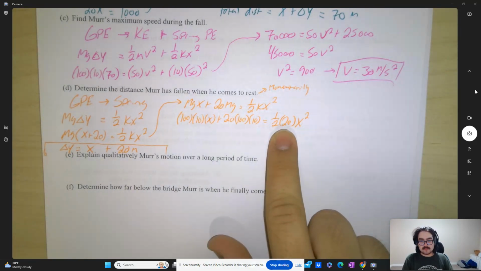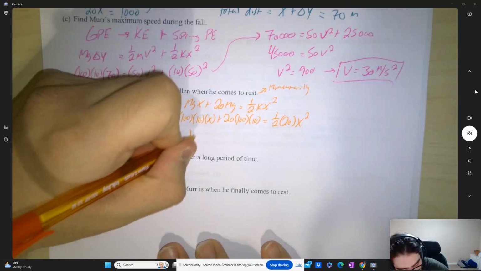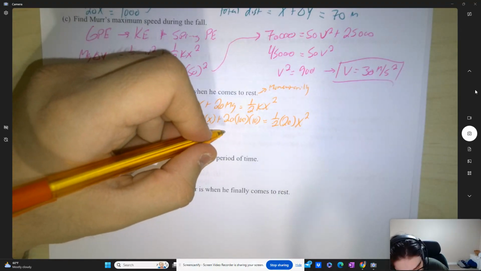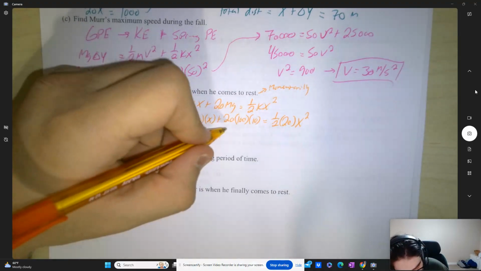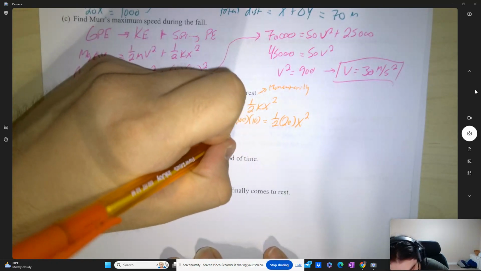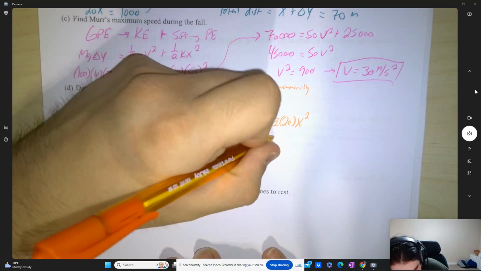This is going to simplify to 10, so this should be 1,000x plus the 20 times 100 times 10, which is going to give me 20,000. And that's equal to 10x squared.